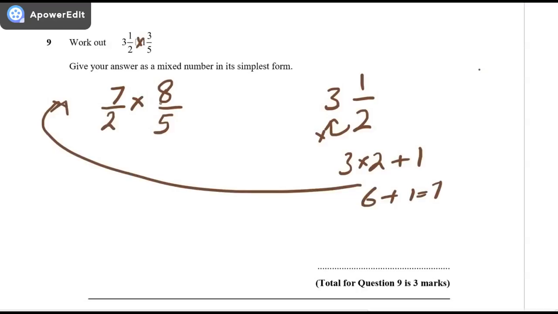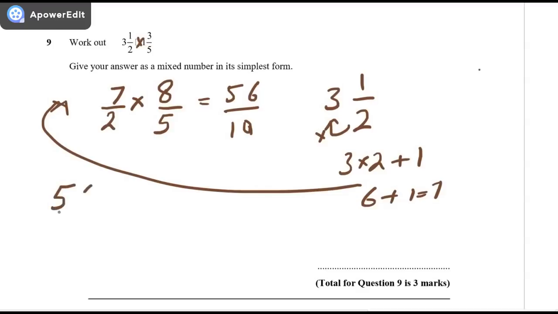Okay, so here we can times. There's a different way to do this question. You can simplify 8 divided by 2. You can do it like this, or you can times top with top. I can show you both methods. So 8 times 7 is 56, and 5 times 2 is 10. We times top with top and bottom with bottom. So this is going to be 56 over 10.